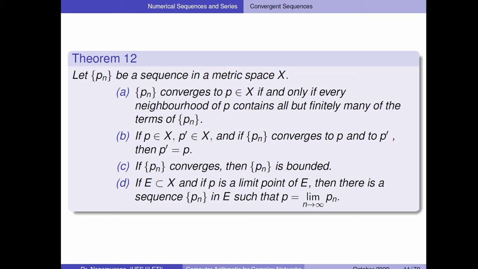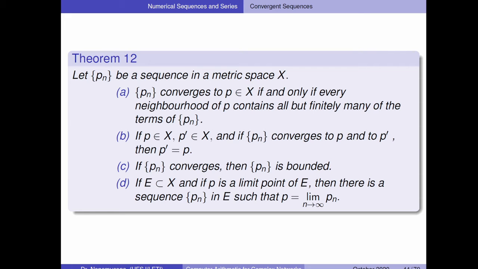So the neighborhood contains, of course, infinitely many terms of Pn. If P and P' belong to X, and the sequence Pn converges to P and to P', then P' is equal to P, right? If Pn converges, then the sequence Pn is bounded.